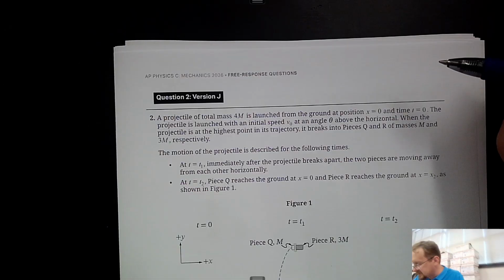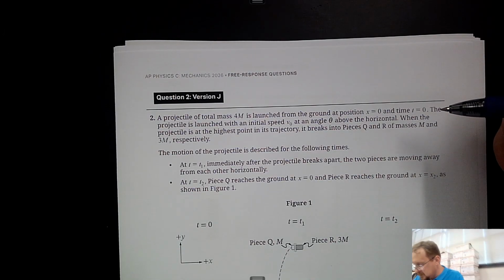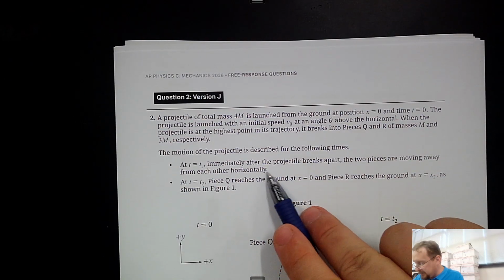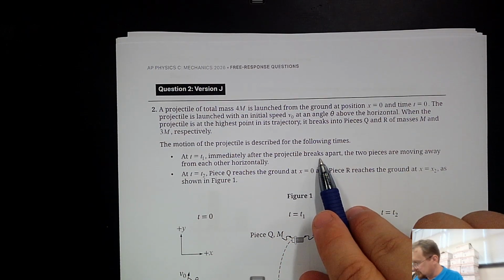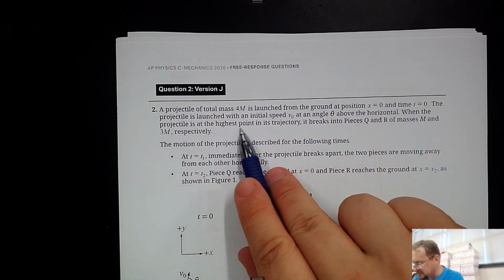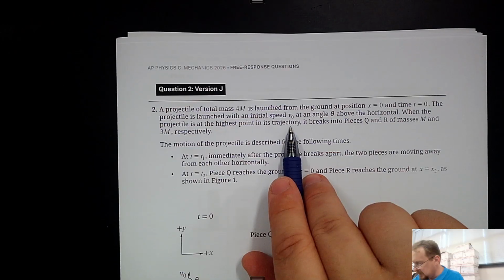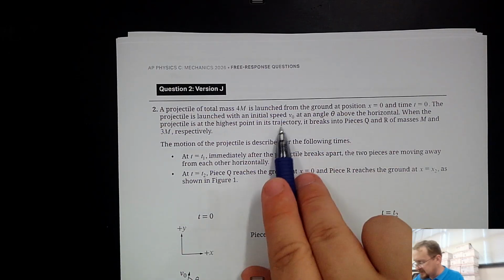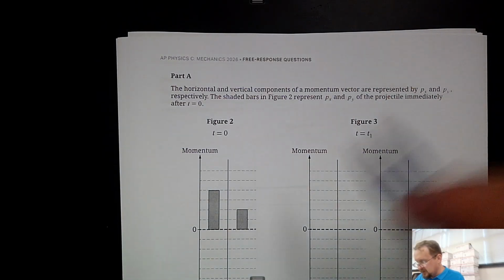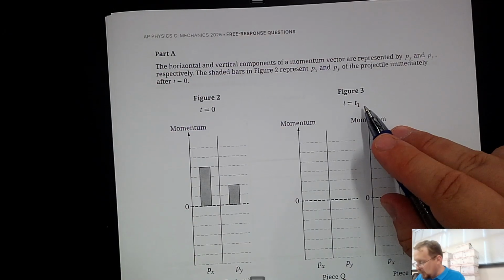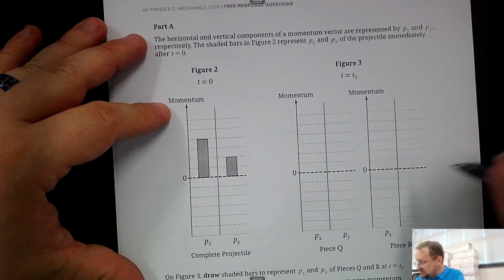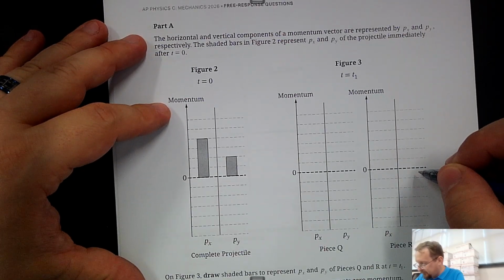So this is not when it was at the highest point. At time t1, immediately after the projectile breaks, when the projectile is at the highest point in its trajectory, it breaks into pieces Q and R. So that's at the highest point. So this is at time equals 0. That's the launch. And then at time t1, there's no y momentum for anybody.